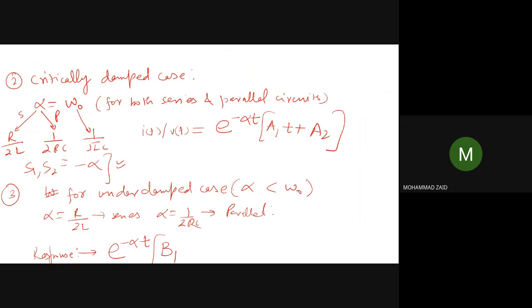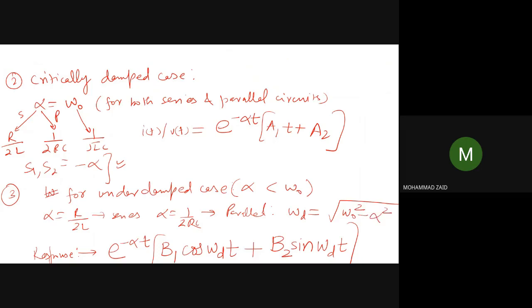So I am taking b1 cos of omega d t plus b2 sine of omega d t. This is the final generalized expression for the underdamped case, where omega d is equal to the square root of omega naught square minus alpha square, where omega naught is 1 over under root LC.